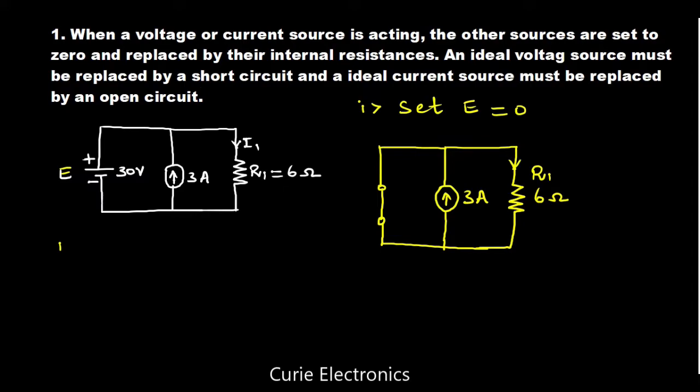Now what is the current flowing through this 6 ohm resistor? Current doesn't flow through 6 ohm resistor. Why? Because there is a short circuit parallel to it. Whatever 3 amps current is there, all that current will flow through this short circuit. The current doesn't flow through this 6 ohm resistor.